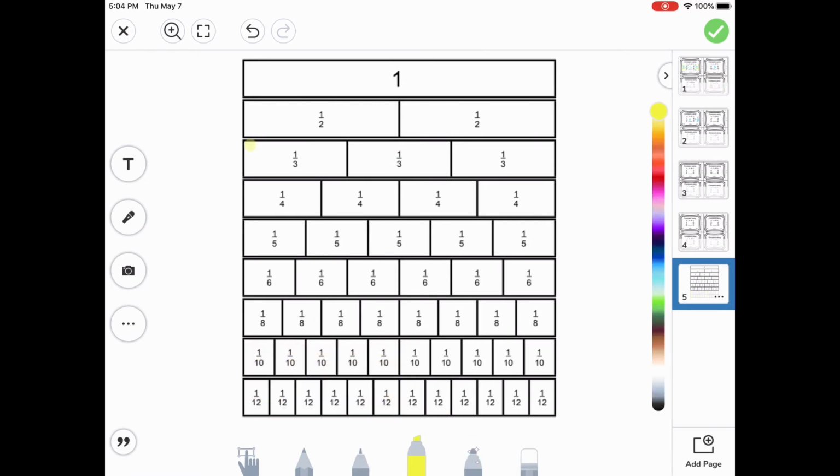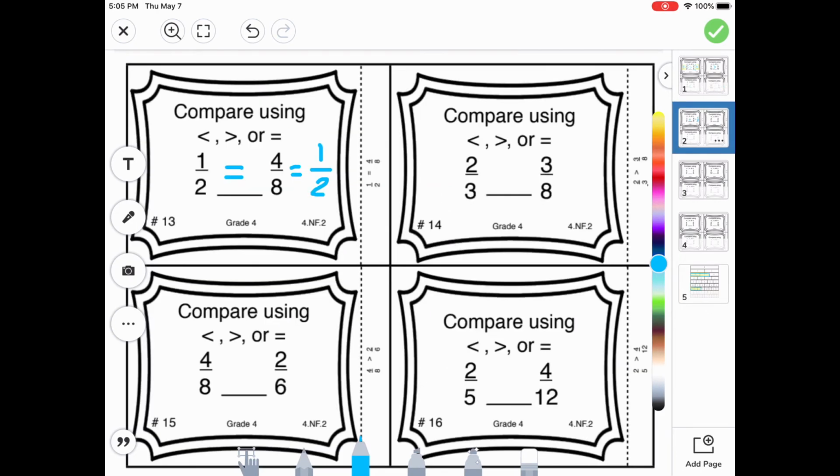So I have 2/3 and 3/8. By comparing these two fractions, I can see that more is shaded in on 2/3 than on 3/8, so 2/3 is the larger fraction. So 2/3 is greater than 3/8.